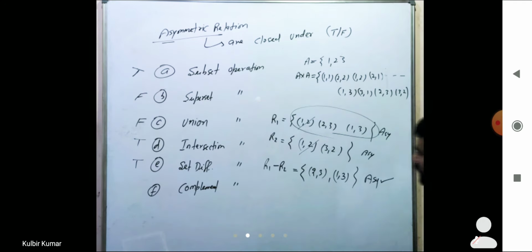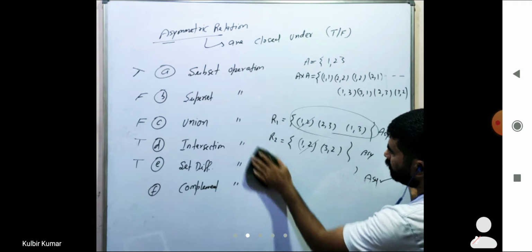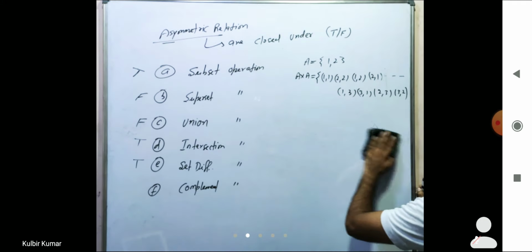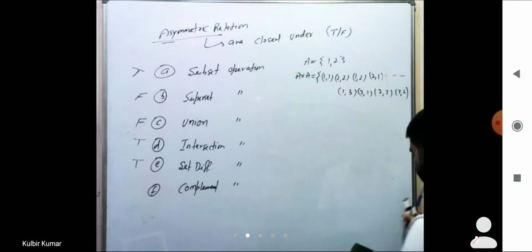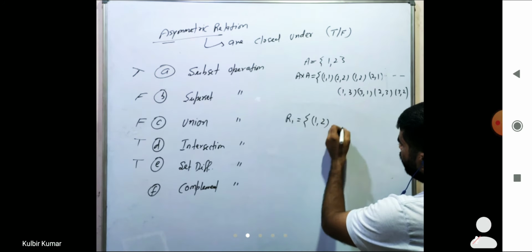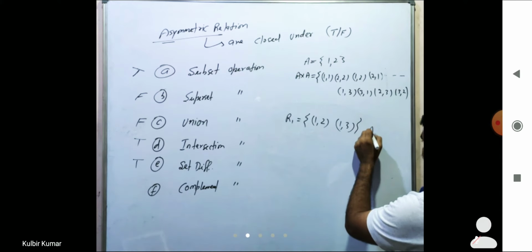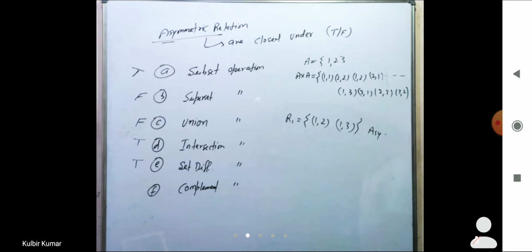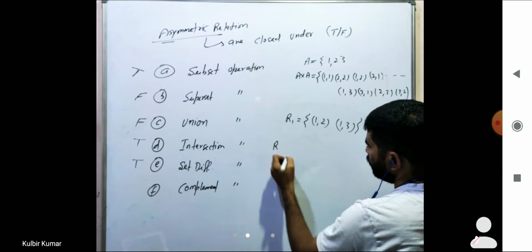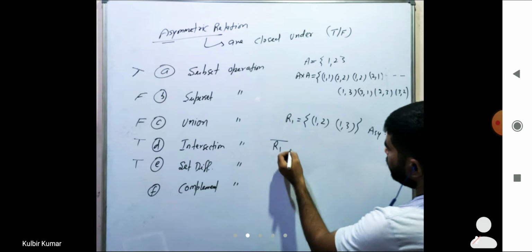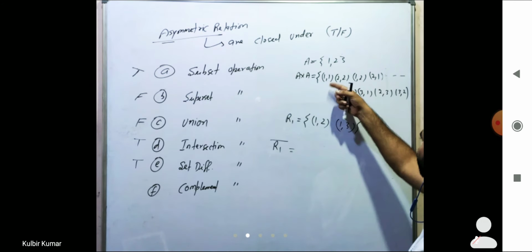Okay, let's see the next one. R1 is a relation which is (1,2) and (1,3), assume. This is an asymmetric type relation. And if I take the R1 complement, R1 complement is nothing but A cross A minus this R1, so the ordered pairs other than these. So what will come in its complement?